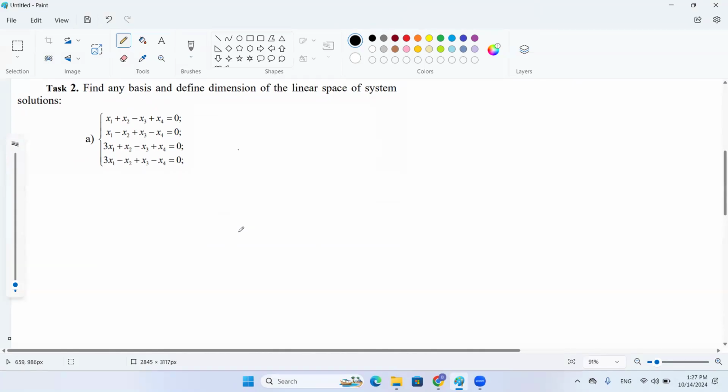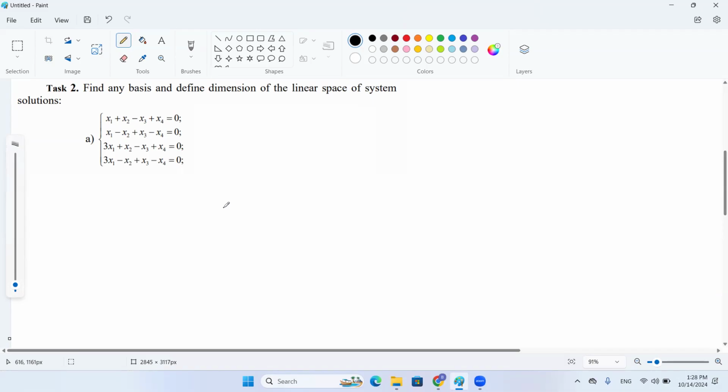Which steps? Yeah, the Gaussian method is suitable for this task. We will use it, of course. And what else? So which are the next steps?